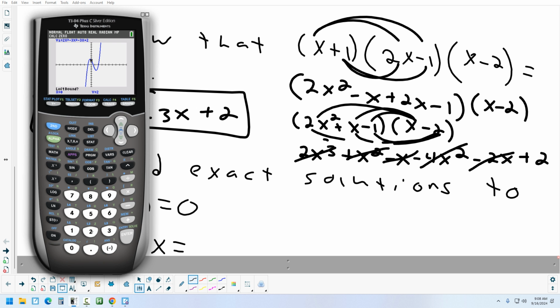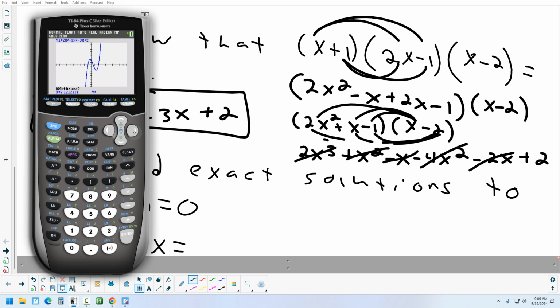Okay, like most of the things on the screen here, it asks you 3 questions. Pick a point to the left of the 0, to the right, and then do a guess. Okay, I'll do the one furthest on the right. So left bound. Pick a point that you know is somewhere to the left of that 0. Right there. Right bound.